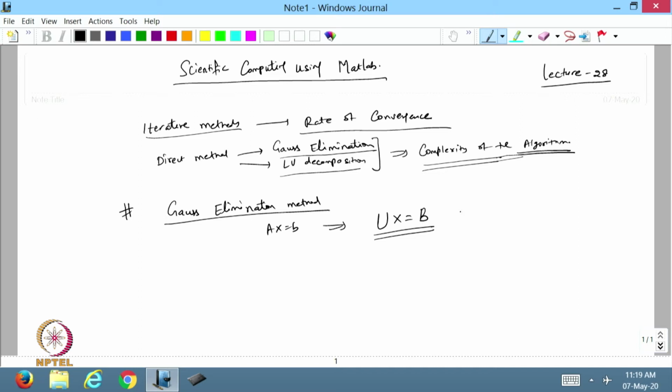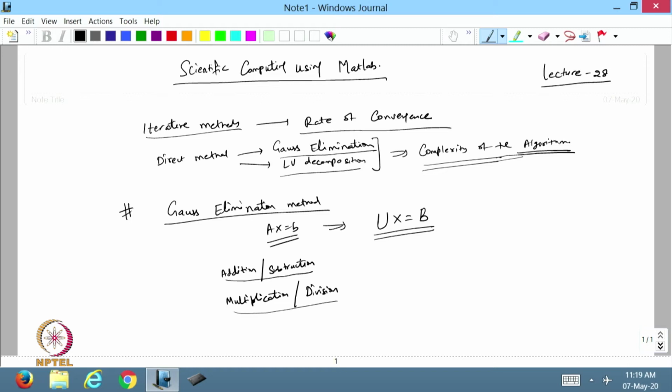Now, in transforming the given system to the upper triangular system, we do addition, subtraction, multiplication, and then division. In the computer, the cost of doing addition and subtraction is the same, and for multiplication and division it is the same.